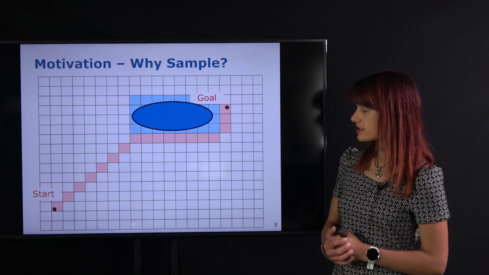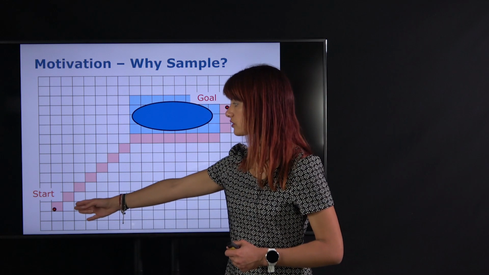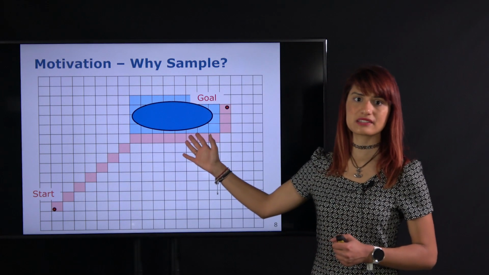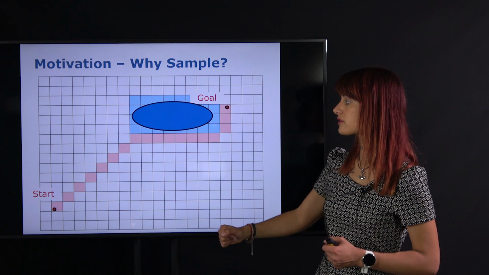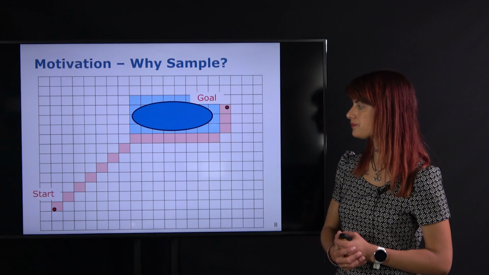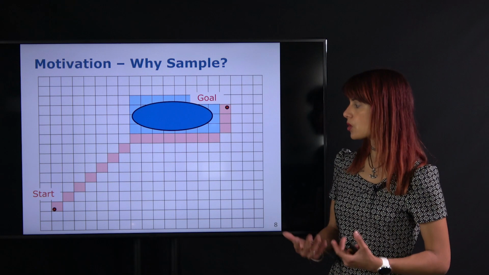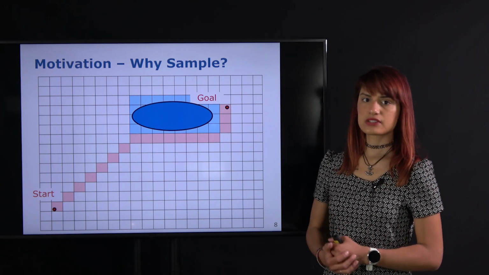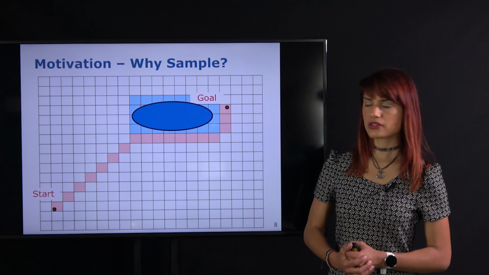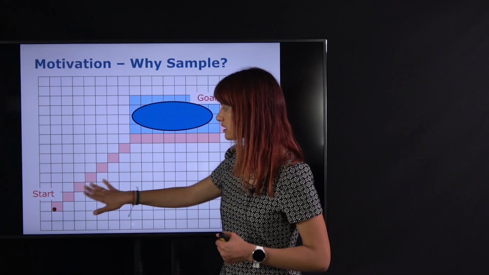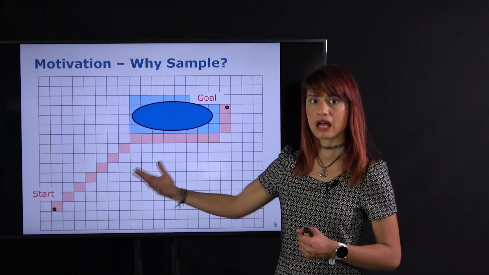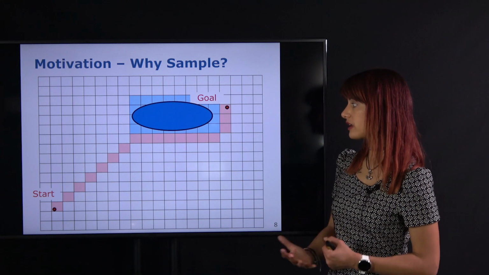But for such a problem, we also need to search through many more intermediate cells in order to find the path connecting the start to the goal. Therefore, we need to perform more computations when executing our search-based algorithm, because we need to check and explore, remember, expand the nodes of the graph in order to find the path.